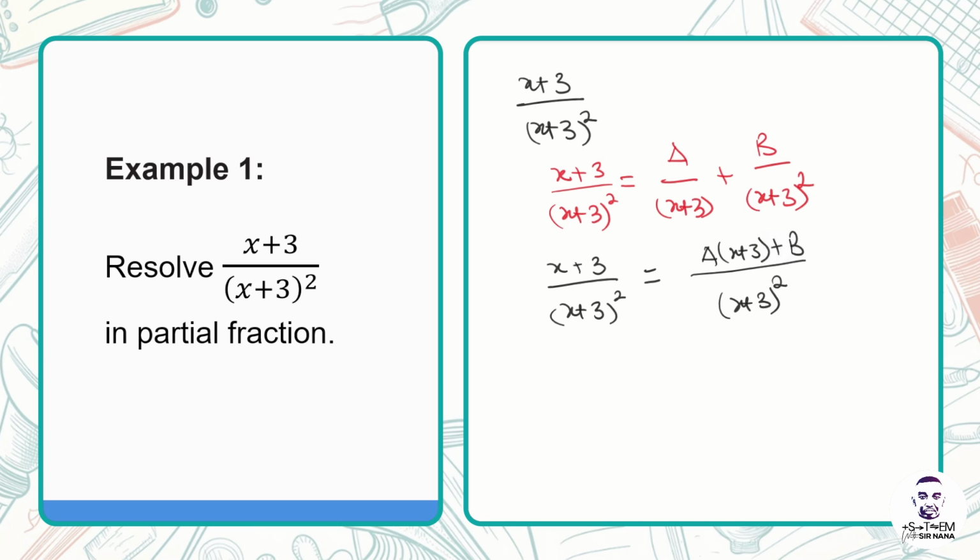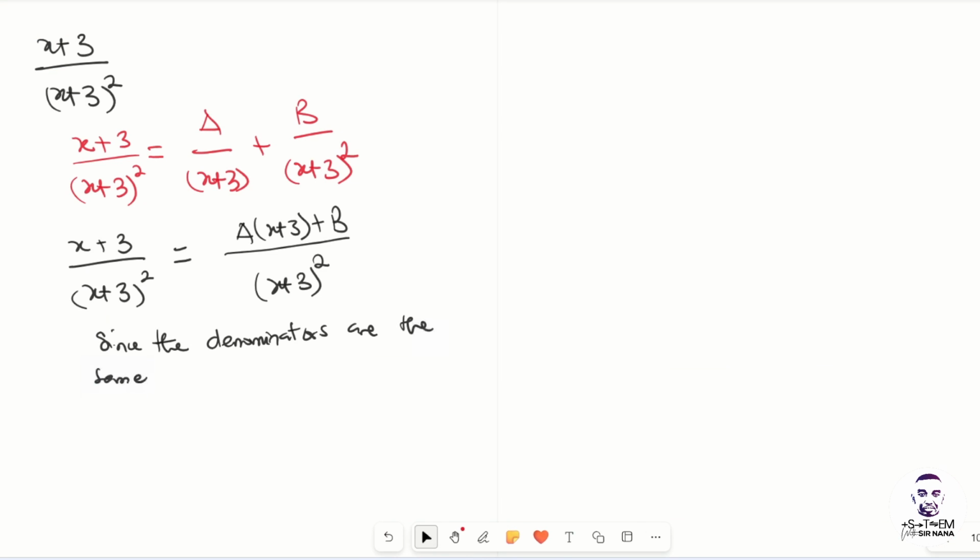So we see that since the denominators are the same, then we can equate the numerators and have x plus 3 to be equal to A multiplying x plus 3 plus B. So let's expand and form our simultaneous equations and use that to simplify.